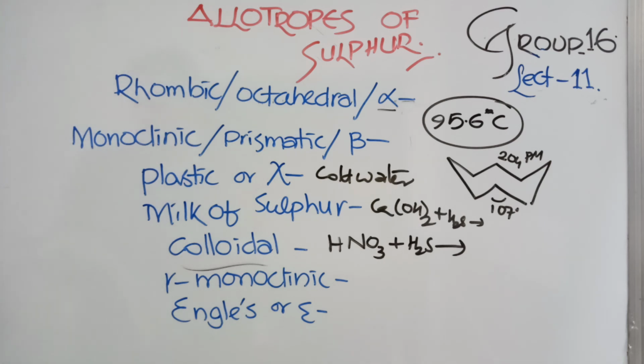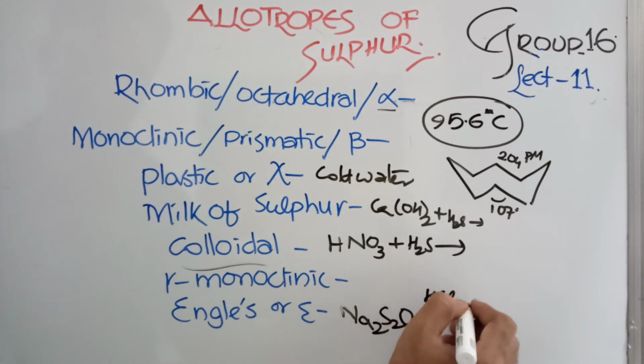It is obtained by pouring sodium thiosulfate, Na2S2O3 solution, into concentrated HCl. So angel sulfur is prepared from Na2S2O3, sodium thiosulfate, in HCl.